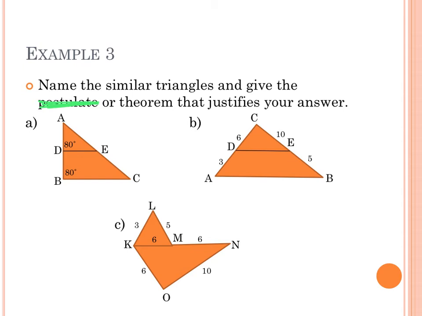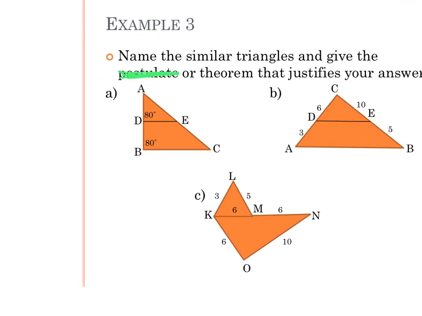So let's take a look at the two triangles, and let me pull them apart to show you the two triangles we're referring to. So the two triangles I'm referring to are this little one in the top, ADE, and I've got 80 degrees here.